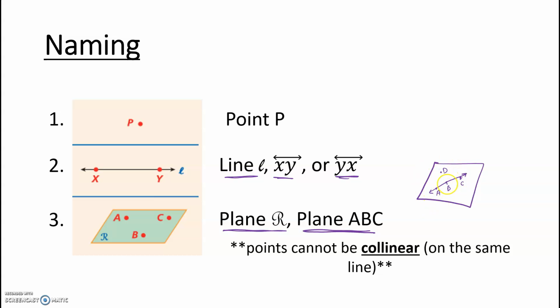You could call it A, B, D. You could call it A, C, D. You could call it C, B, D. But there's one name you're not allowed to use, and that deals with collinear. You cannot call this ABC. In order to name a plane, the points cannot be on the same line. You've got to have at least one off the line. When I said A, B, D, D was not collinear with them. So you could name this A, B, D. And we'll learn more about that later.